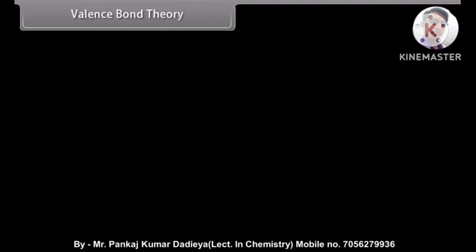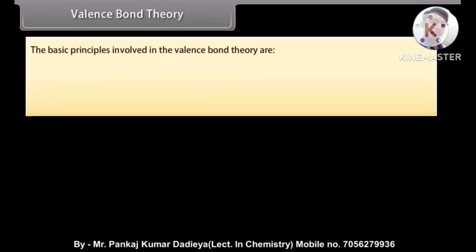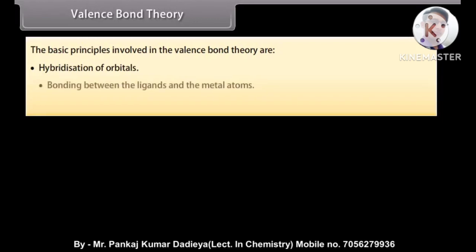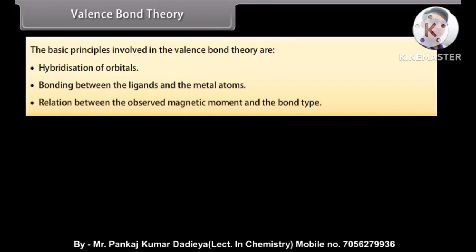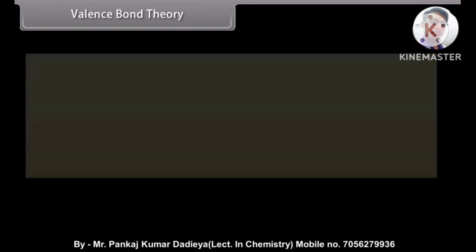Valence bond theory. The basic principles involved in the valence bond theory are hybridization of orbitals, bonding between ligands and the metal atoms, relation between the observed magnetic moment and the bond type.